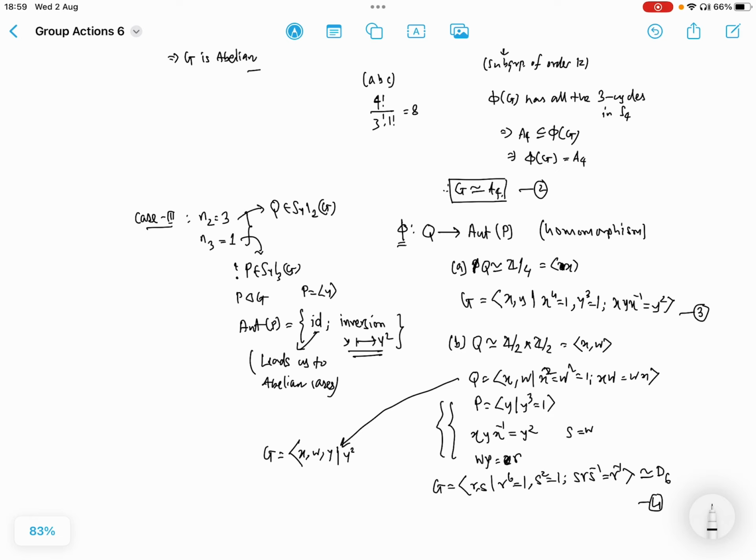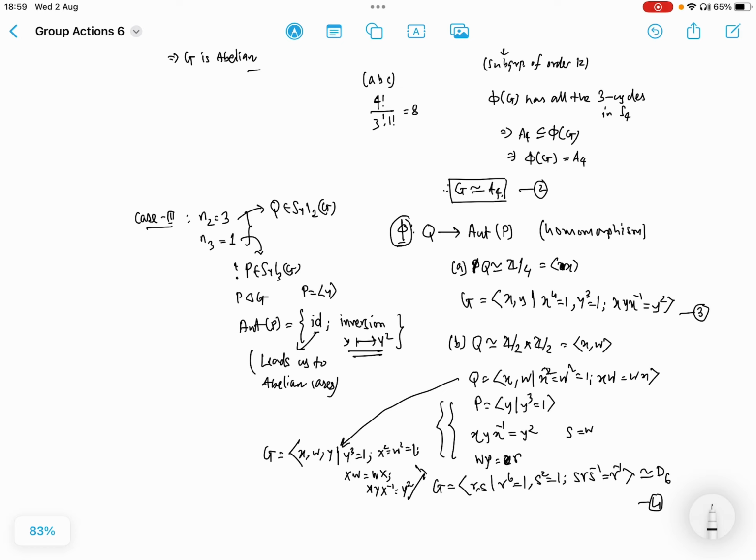Where the order of Y is 3, the order of X and W is 2, X and W commute, and then you need that homomorphism condition from this phi, and that will just give you that X Y X inverse will be Y. So that is this condition.